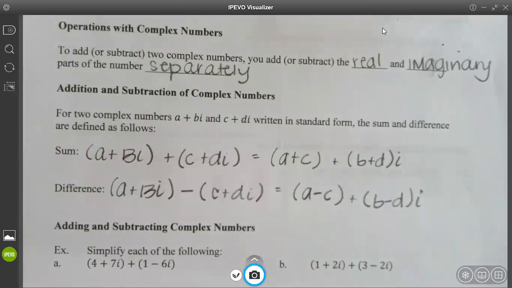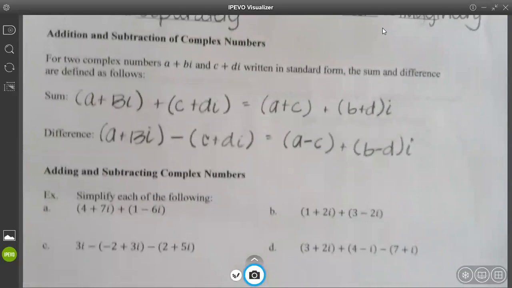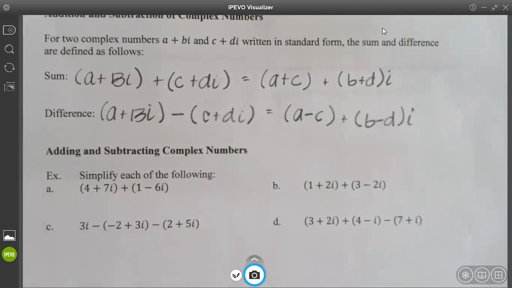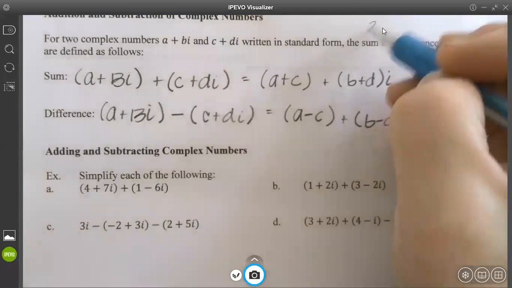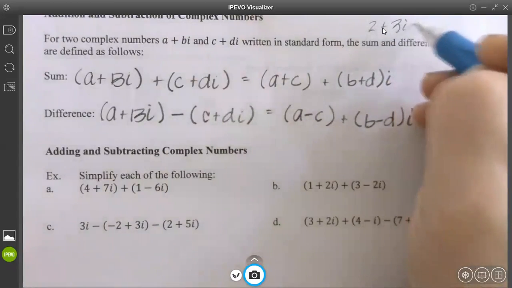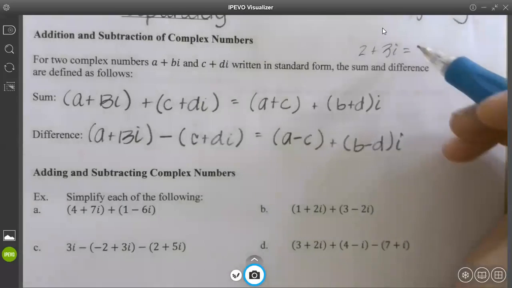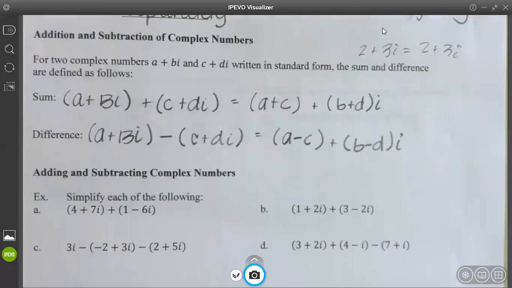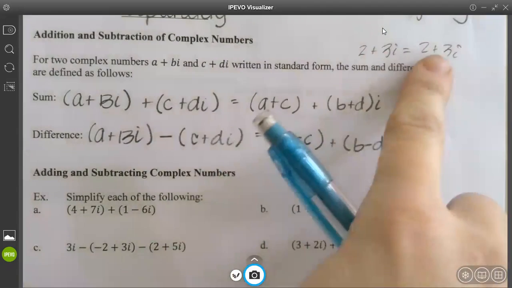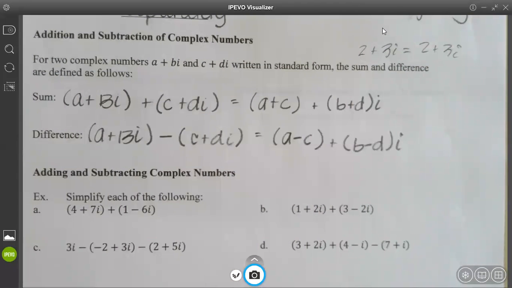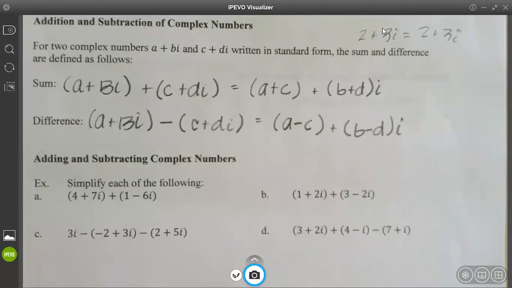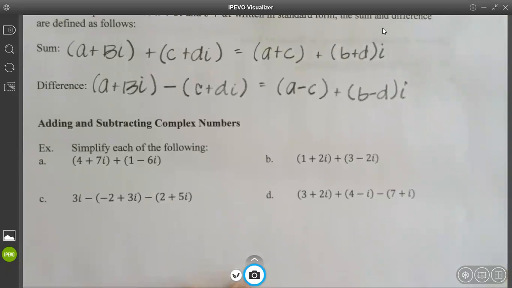A and C would both have to be equal, and B and D would both have to be equal to be able to set it equal, so like 2 plus 3i can only be equal to 2 plus 3i. You can add anything and subtract anything, but to be able to set them equal, you have to have the same value.